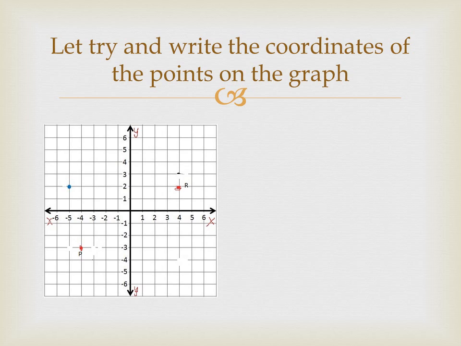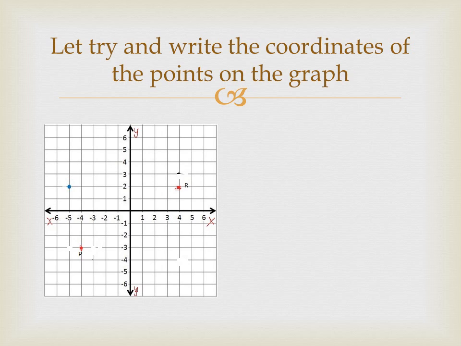Okay, now let's look at their coordinates. For point R, when you trace it to the x-axis, you are going to get +4. When you trace it to the y-axis, you are going to get +2. So the point R is 4 and 2.